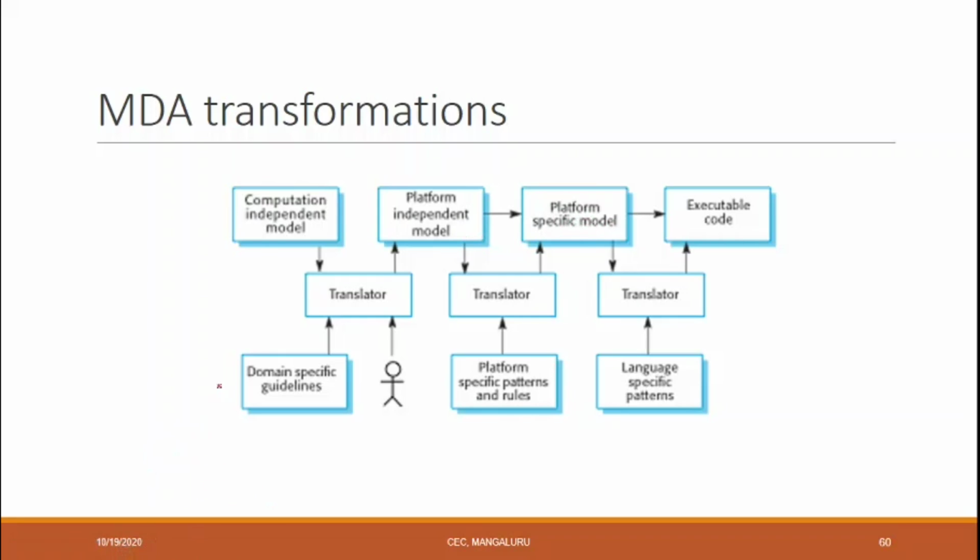The computation independent model holds domain-specific guidelines. As for the domain, for example depending upon .NET as well as Java, the translator will be added, and it will act as a translator for the computation independent model.